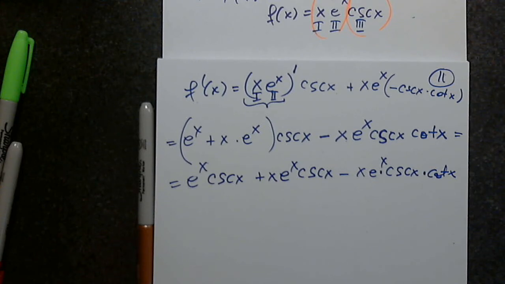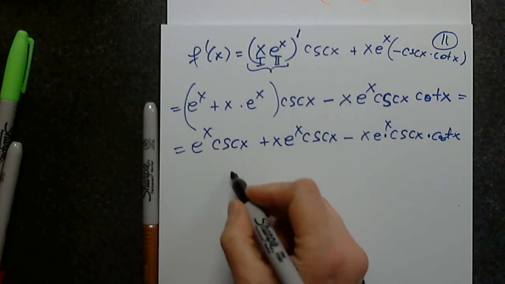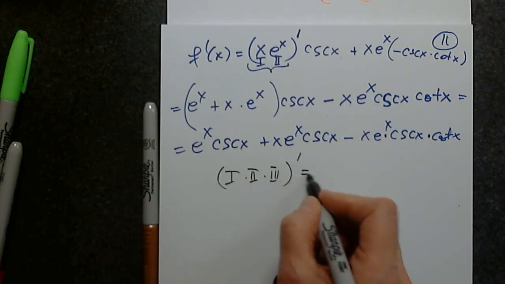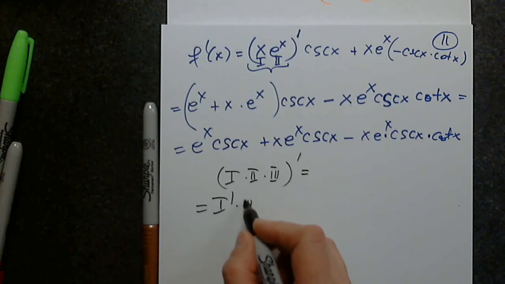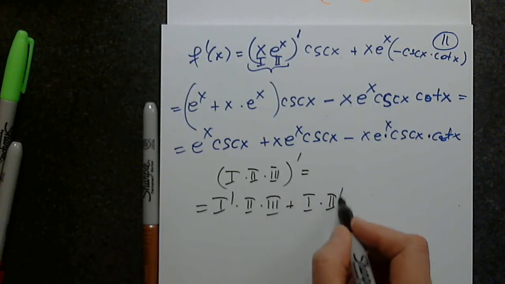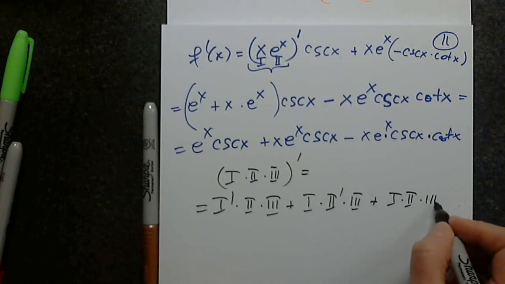So basically, you do not have to memorize this. I'm not going to ask you to do any of this. But when you have a function times the second times the third, prime, you get the first prime times the second times the third plus the first times the second prime times the third plus the first times the second times the third prime.